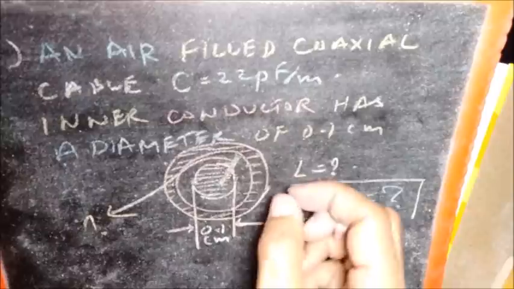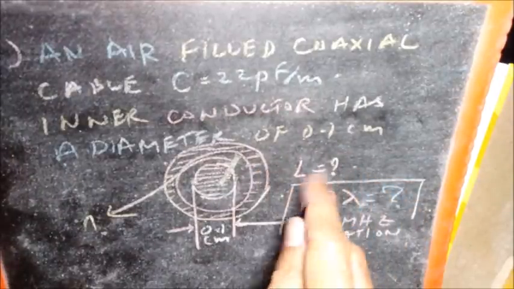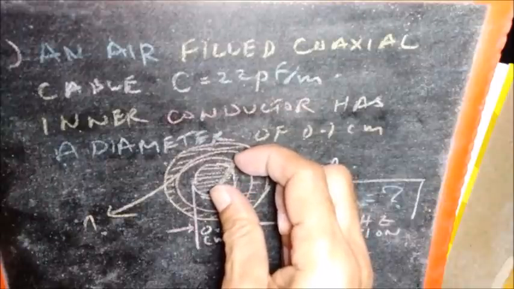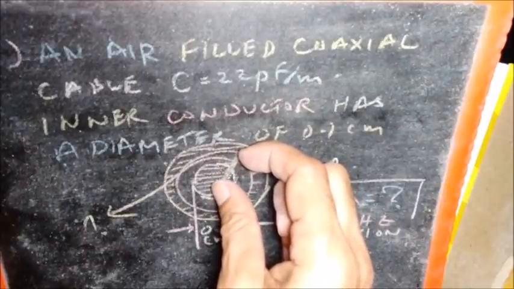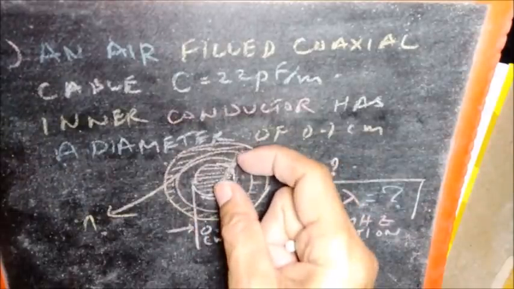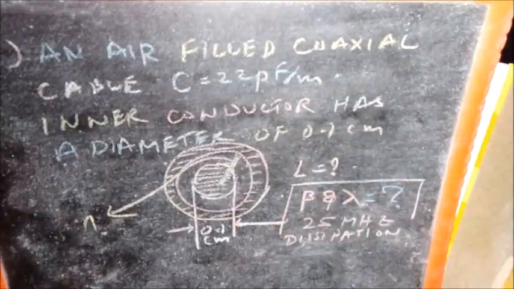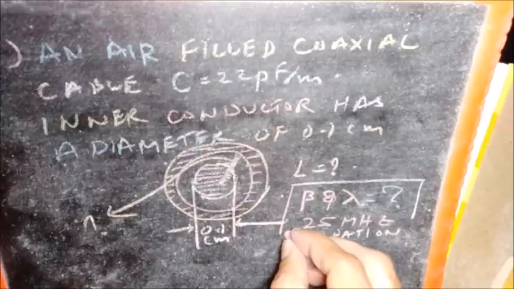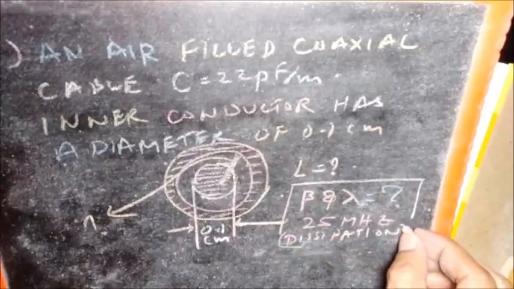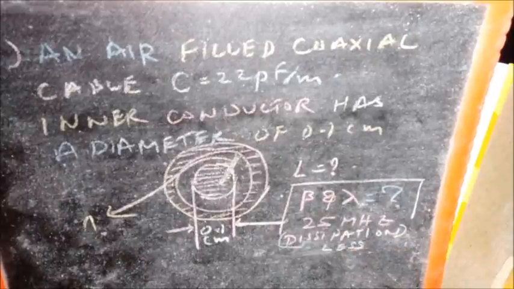You have to find out the parameter L and the inner radius of the outer conductor. And then you have to find out beta and lambda at 25 megahertz if we assume that the transmission line is dissipation-less, that means no losses. Neglect R and G.